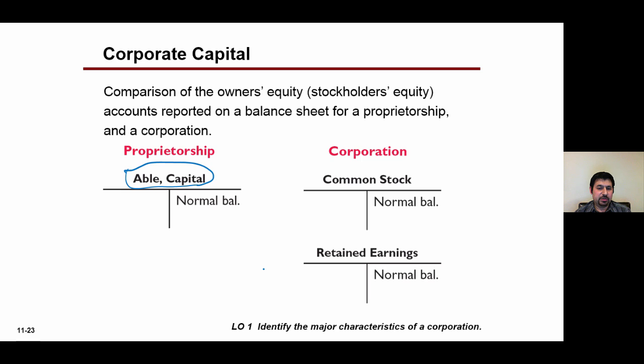Basically, if there were a partnership, it would be one capital account per partner. On the other hand, corporations have two sources of equity. They have stock, basically paid-in capital, and retained earnings. And if the company also had preferred stock, they would have preferred stock as well.